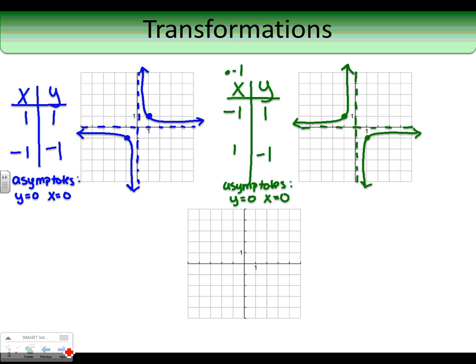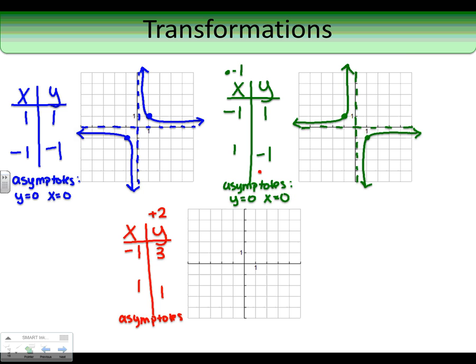The last thing we do is we had to add 2 to the y values on the outside, so it's supposed to shift up 2. So from our very last table, we're going to add 2 to those y values. So x stays the same, and then we add 2 to our y values. So 1 plus 2 is 3, and negative 1 plus 2 is 1. The asymptotes, when we're adding and subtracting, also get affected.